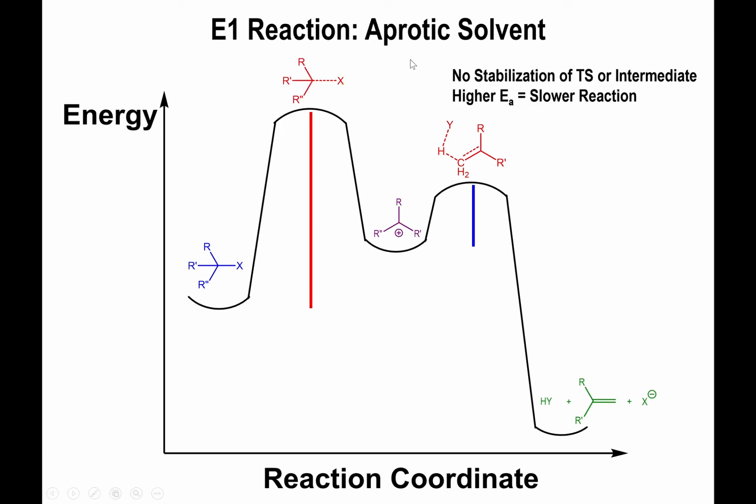If you were to use an aprotic solvent, there will be no stabilization of the substrate trying to turn into a carbocation. In fact, because the solvent's aprotic, you really don't have big delta minuses and delta pluses in the solvent, so the incentive for this bond to want to break is not as good as it was with the protic solvent. So this will just give you a slower reaction overall because you're not lowering the activation energy.